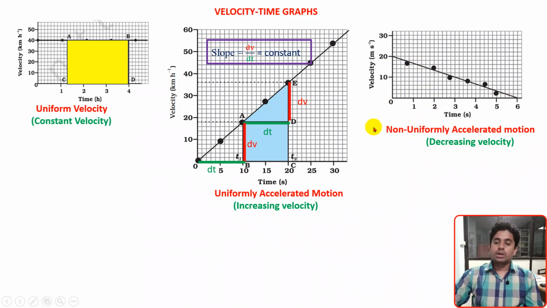Now, one more question. Why have we called this motion non-uniform accelerated motion? Here we said uniformly accelerated, but here we said non-uniform motion. What is the reason? If you observe, the slope of this line is positive, but the slope of this line is negative. That is the first thing.